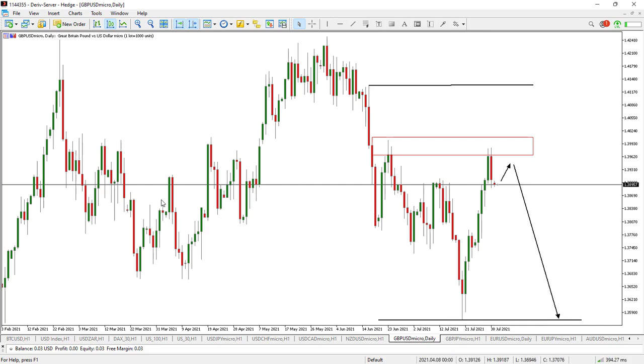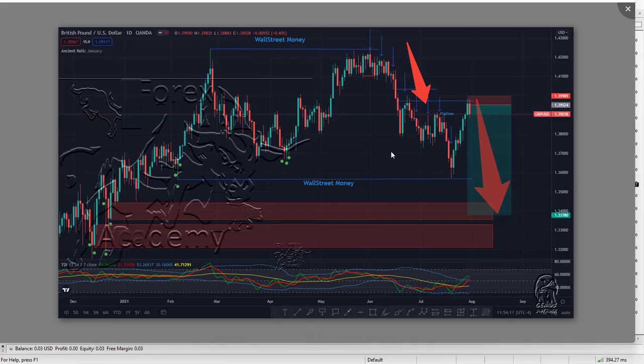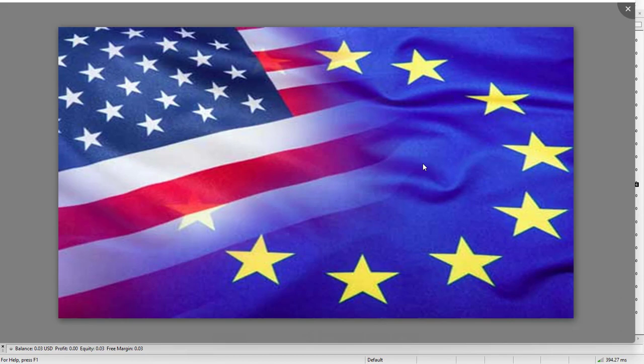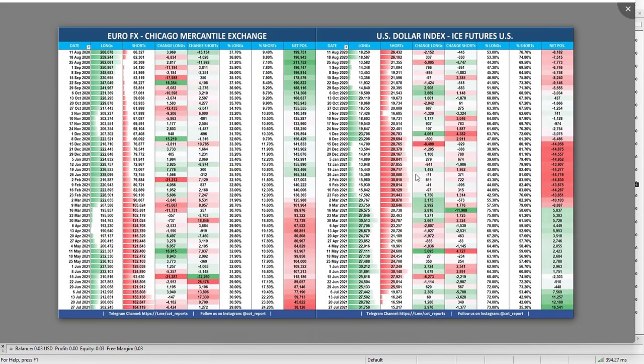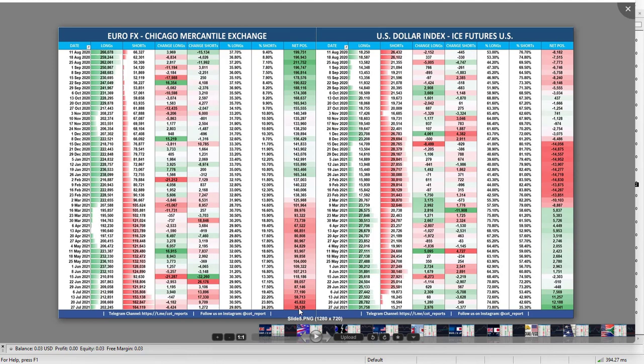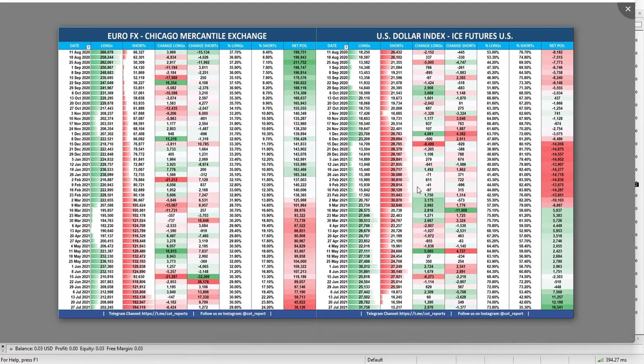Going forth to the next pair, Euro USD. From Euro USD, guys, we're starting to see that the euro is becoming weaker and the dollar is becoming stronger, as I explained from the previous chart analysis on GBP USD.